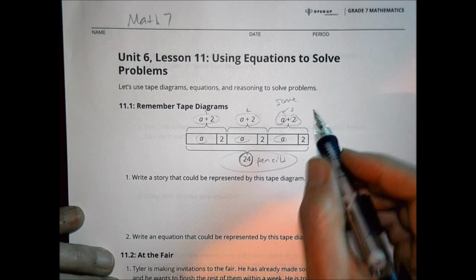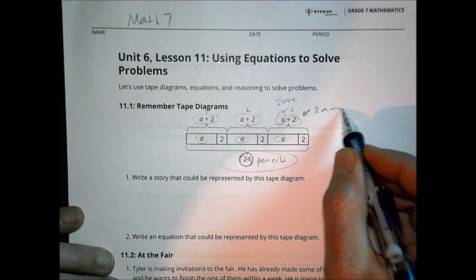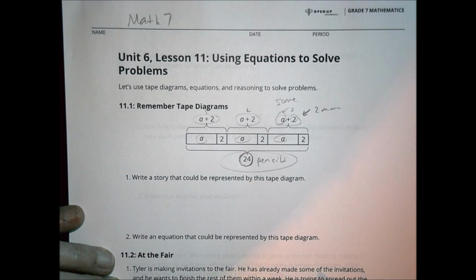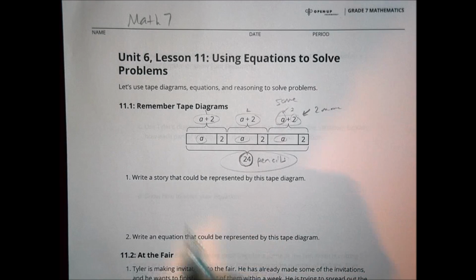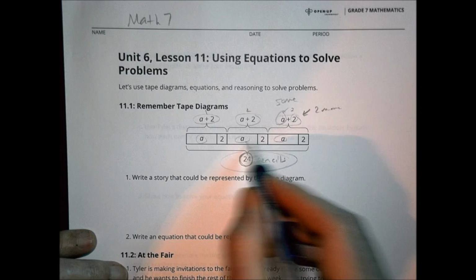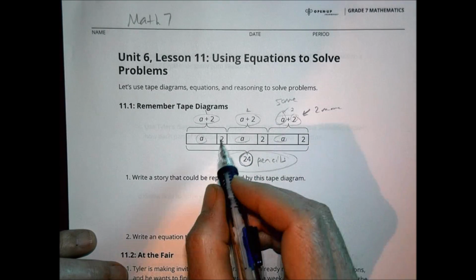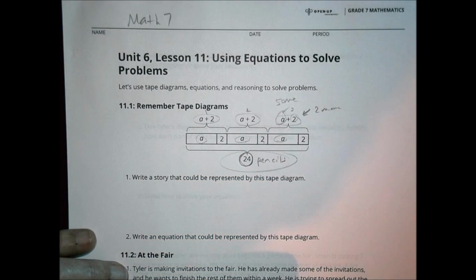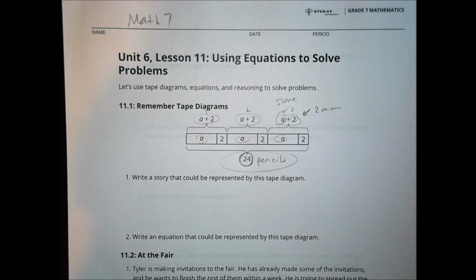He then gives 2 more pencils to each person, and that becomes our story. So there's 24 pencils here, and then he gives some to 3 friends, and then he gives each friend 2 more. And that's a way you could have a story about that.